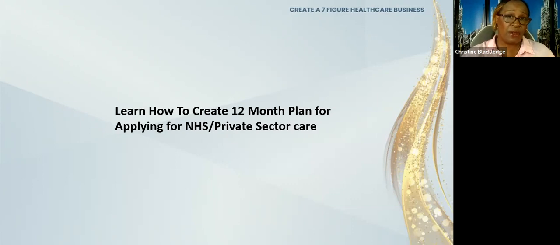What type of staff members? You want to think about anything that is related to care. You can provide staff members, teaching assistants, special education teachers. So build that 12-month plan.